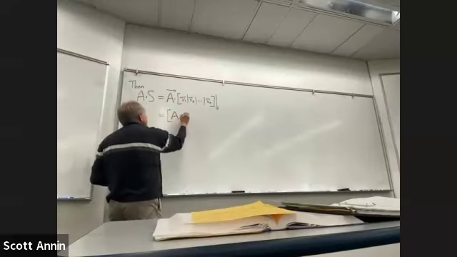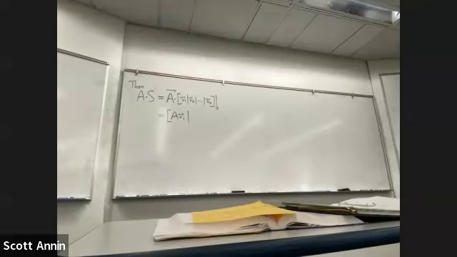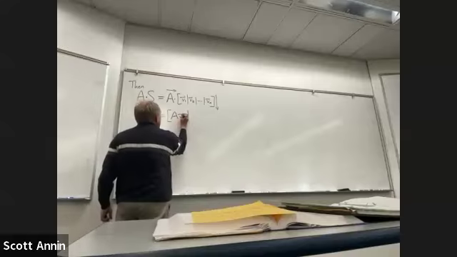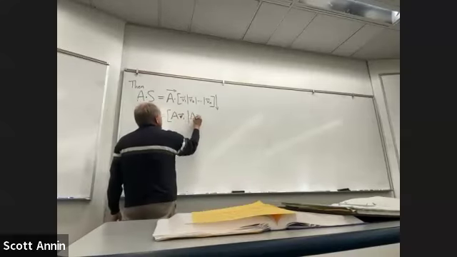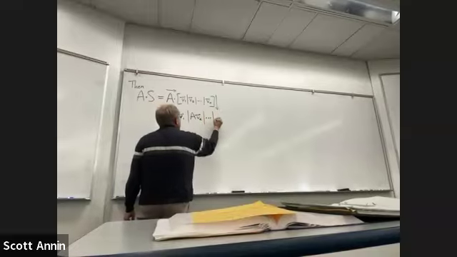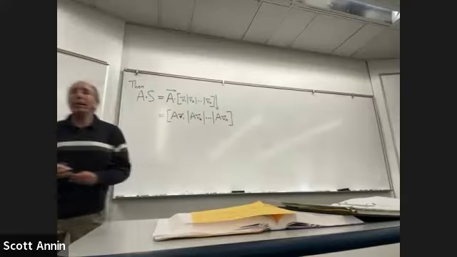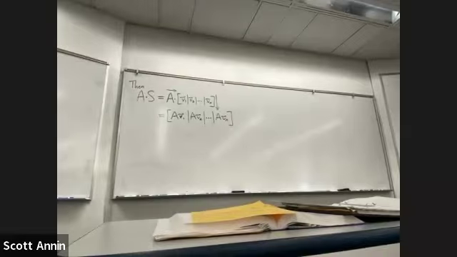That becomes the first column of A times S. It just becomes A times V1. Similarly, the second column is just A times V2, and so on, all the way to the end, where we get A times Vn.